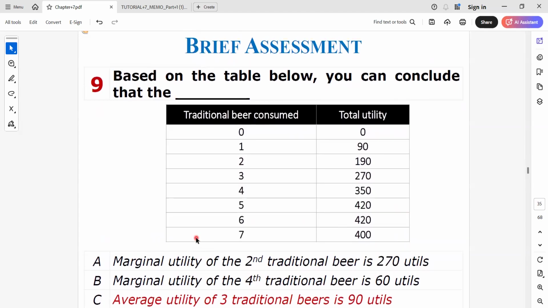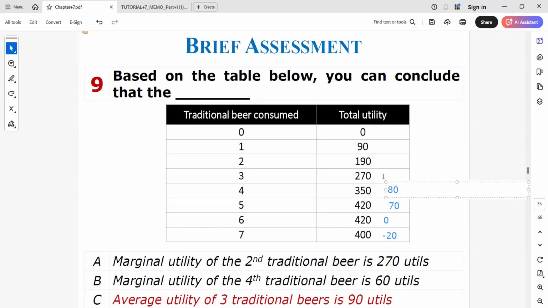More questions. Based on the table below, you concluded that marginal utility, okay, let's just do it, guys. Negative 20, and then here we got 0. 420 minus 350, it's 70, and then 350 minus 270, it's 80.